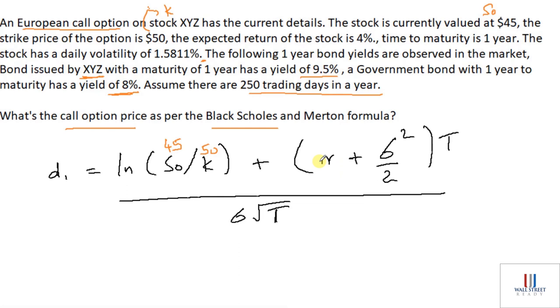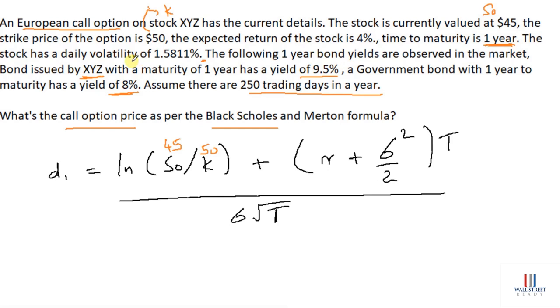Now let's look at the risk-free rate, because we are not directly being told what's the risk-free rate here. So the standard deviation, now remember, what's the call option price as per the Black Scholes Merton formula? The call option we are looking at is a 1 year call option. The stock is currently at 45. The strike price, time to maturity is 1 year. So it's a 1 year call option.